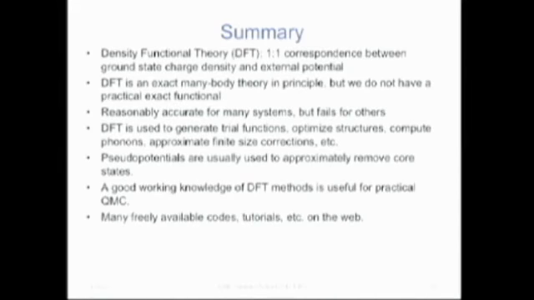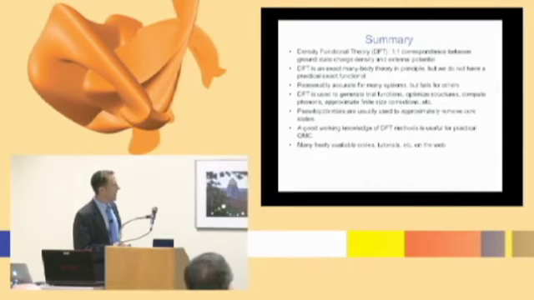Okay, last slide. So in summary then, DFT shows that there's this one-to-one correspondence between the ground state charge density and the external potential. This is an exact theory. It's an exact many-body theory in principle. In practice, it's not exact as we apply it. It's reasonably accurate for many systems, but fails for others.